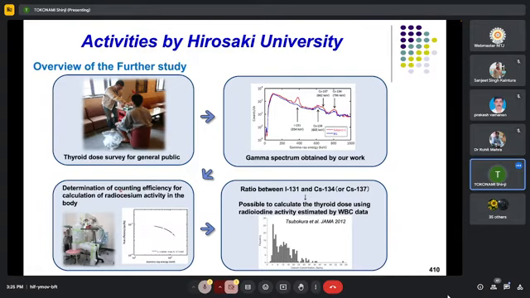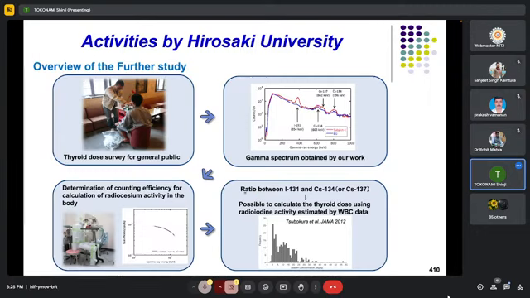Then we determined the counting efficiency of the detector for the calculation of radiocesium activity in the body. We obtained the counting efficiency using a phantom.